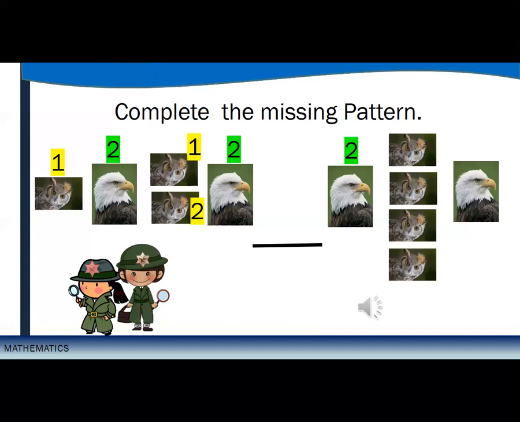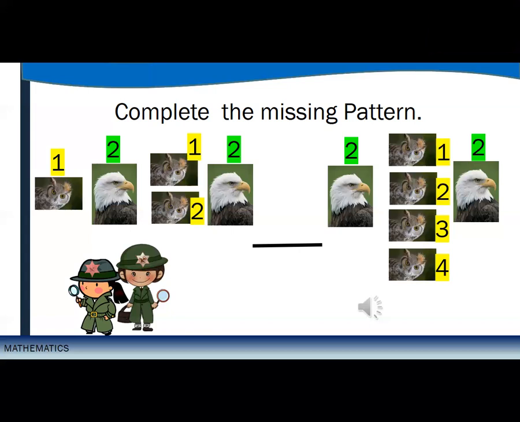And that is followed by, let's count how many owls we see. 1, 2, 3, 4 owls. And then our eagle, which we will number 2. Boys and girls, you are doing so well. And I think you are ready now to tell me how many owls should go in that mystery spot.